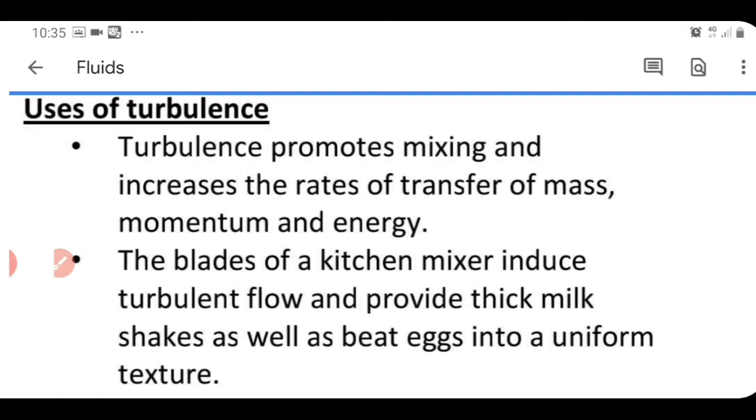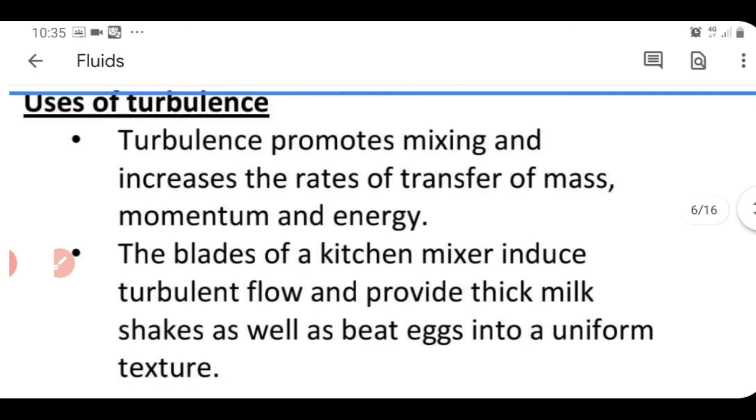Then when we add sugar to tea also, if we use a spoon, what we are doing by stirring is creating turbulence. So turbulence always promotes mixing, and it increases the rates of transfer of mass, momentum and energy.